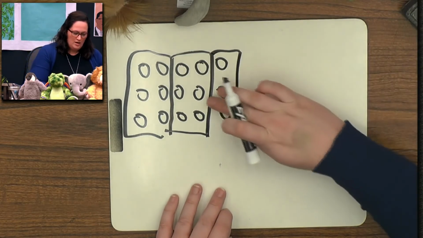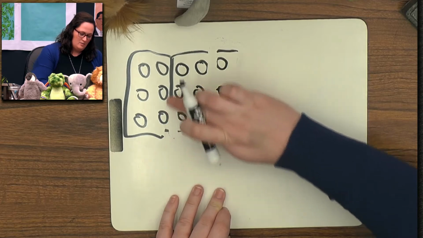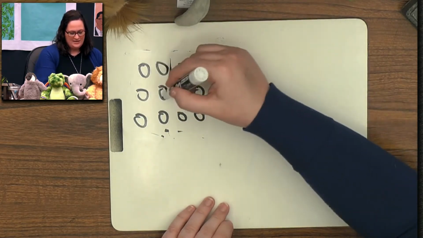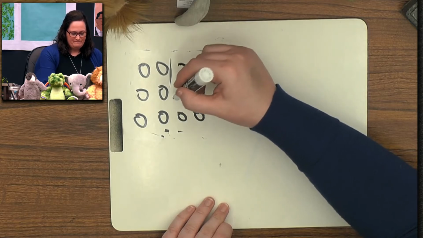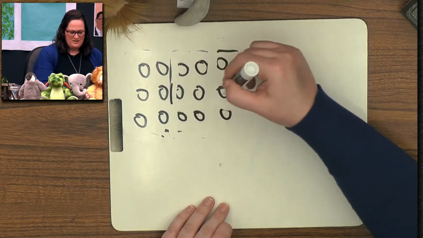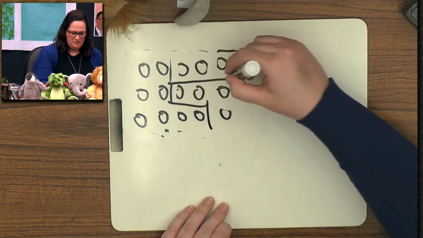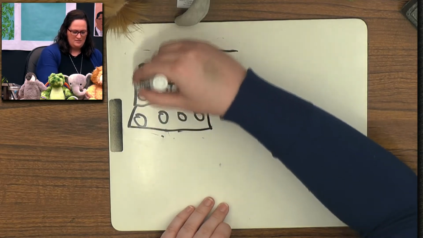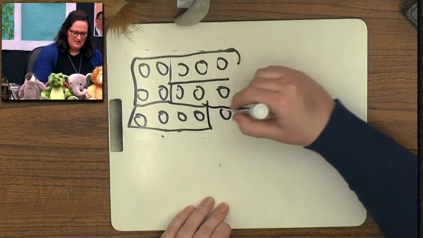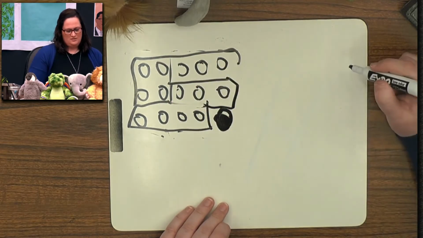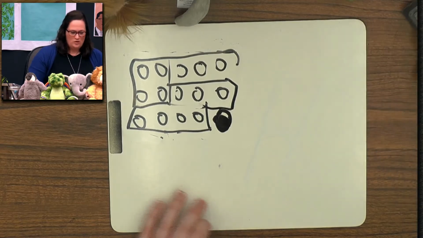Or I can say, well, let's split this number in half. Oh dear. That's not going to work, is it? Because then I still have this one left. Okay, let's try a different one.